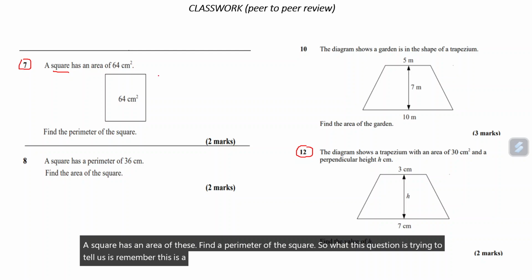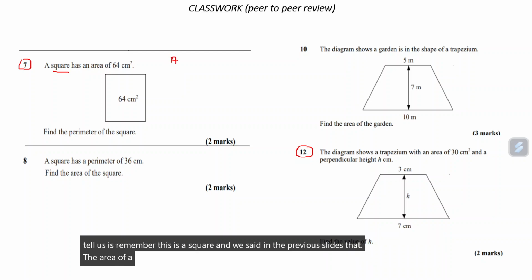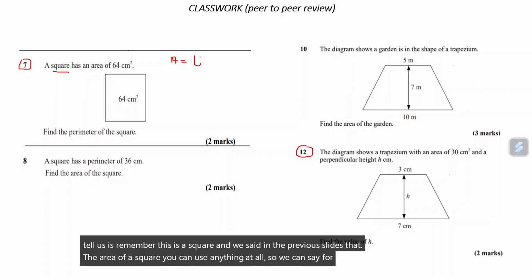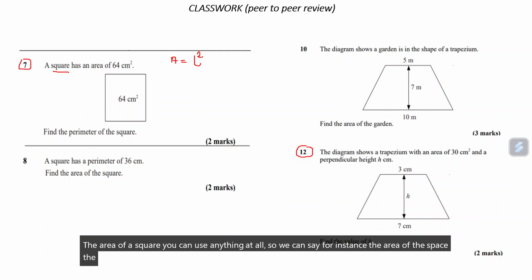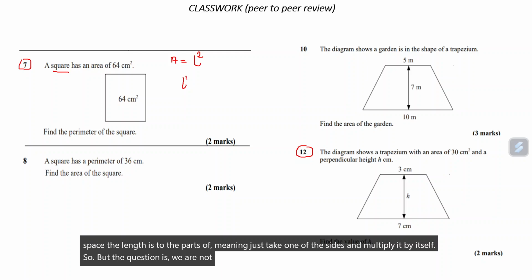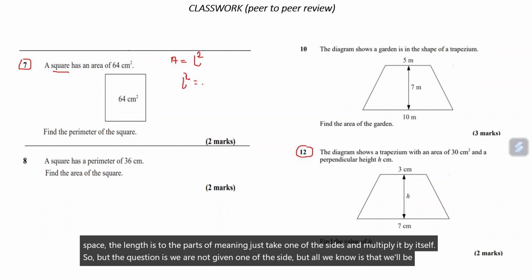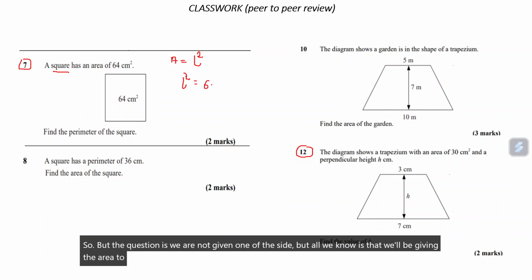And we said in the previous slides that the area of a square is the length raised to the power of 2, meaning just take one of the sides and multiply it by itself. But we are not given one of the sides, all we know is that the area is 64.